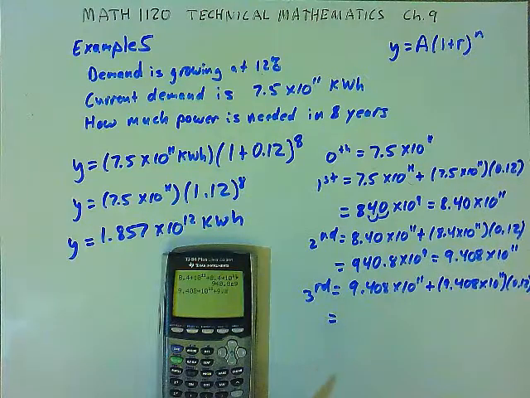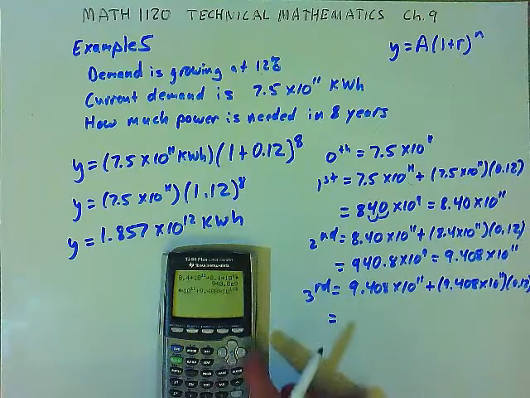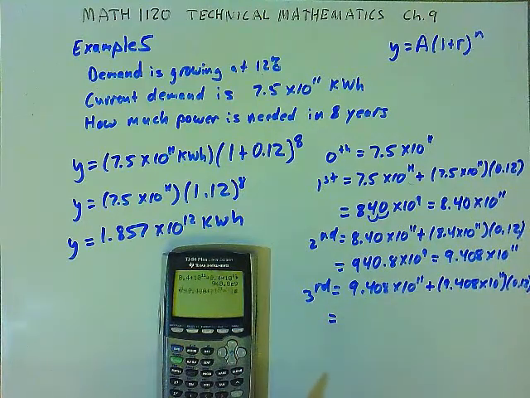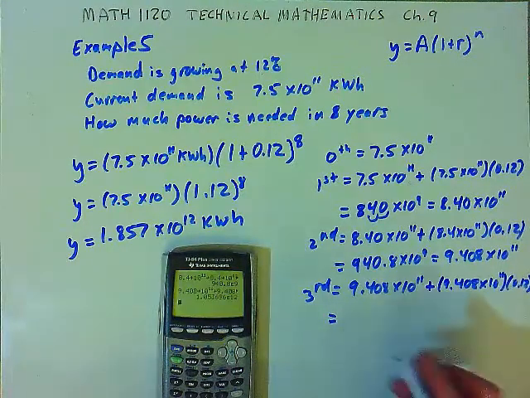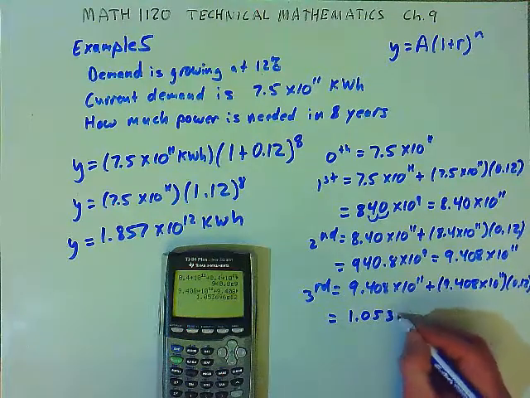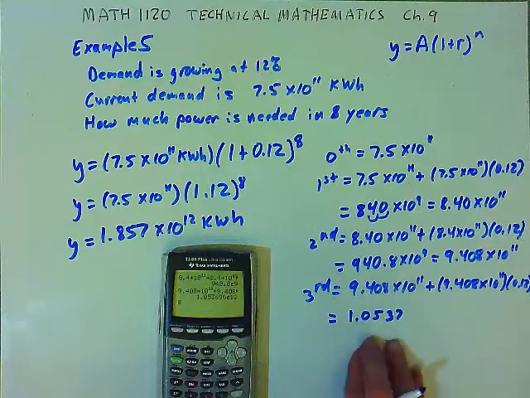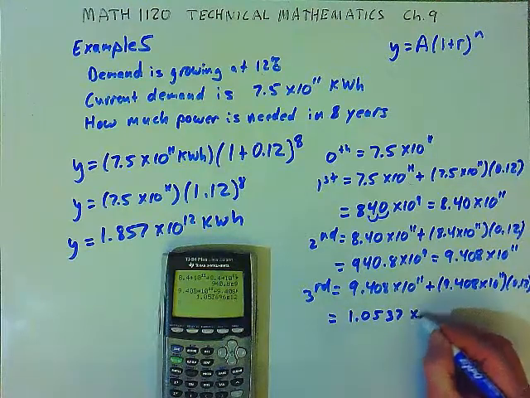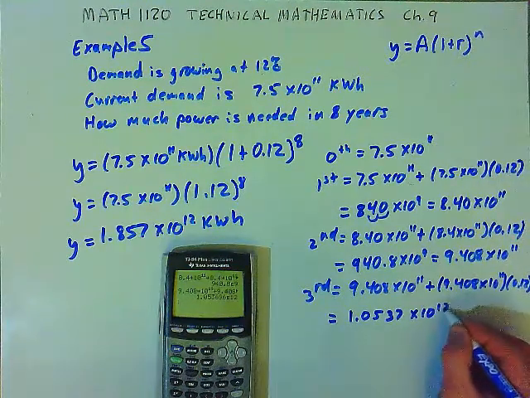So 12% of that 9.408 times 10 to the 11th, I need 12 more percent of that. And so on the third year, we're going to be using 1.0537, that's good enough, I'm rounding that off, times 10 to the 12th.